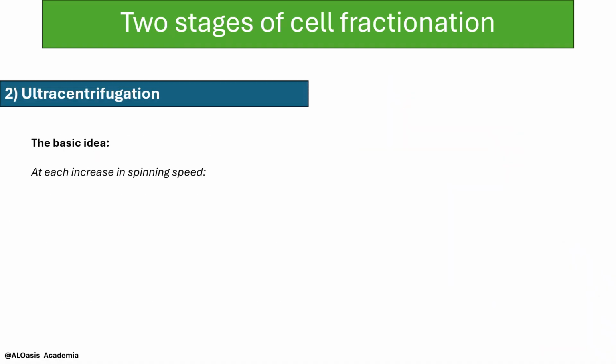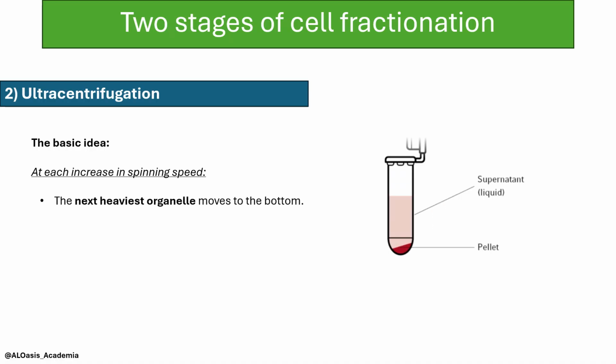Okay, so the basic idea of ultracentrifugation is that at each increase in the spinning speed, the next heaviest organelle moves to the bottom of the tube. And as we said, in ultracentrifugation we will use a tube with the filtered homogenate that we created in the first step. The increase in the spinning will result in the heaviest organelles being precipitated at the bottom of the tube, and then the lighter organelles will be suspended in the liquid here.